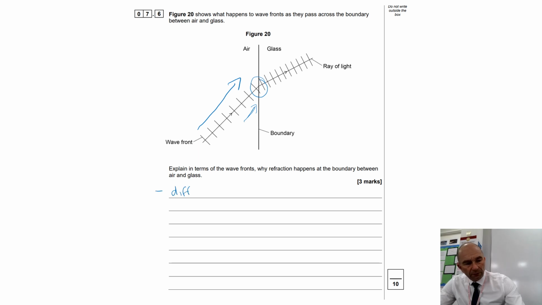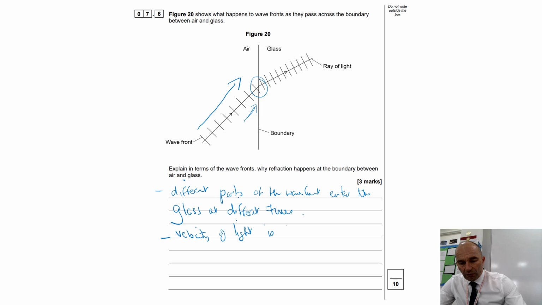So different parts of the wavefront enter the glass at different times. So this refraction can only happen when the light hits at an angle, basically. The velocity or speed of light is less in glass.